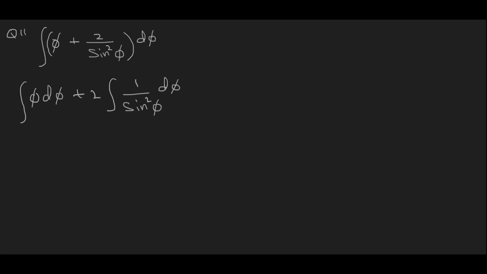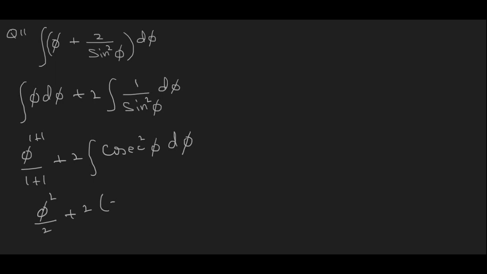Applying the power rule, plus 2 integral cosecant square phi d phi, and we have its integral easily available, that is phi square over 2 minus 2 cot phi plus c.